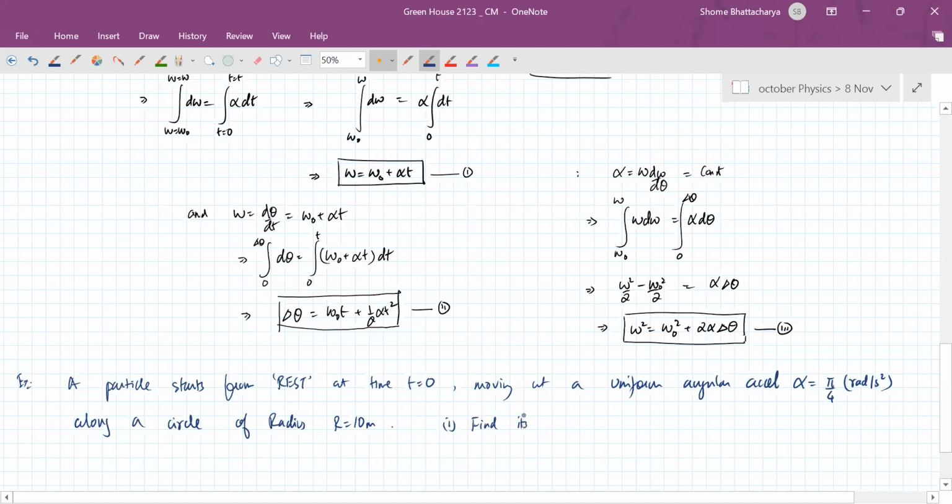Find its angular velocity omega at t equal to 1 second.